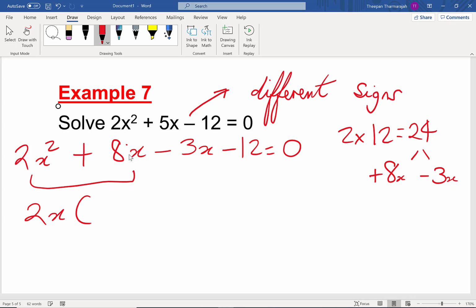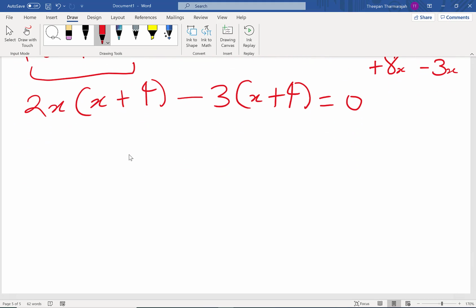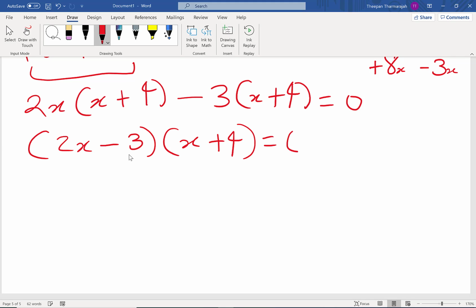So we're going to get x plus 4, and then we get another x plus 4 here. What do we times by x to get minus 3x? That's going to be minus 3. Then what we can say now is we get 2x minus 3 in one bracket and x plus 4 in the other bracket. That's equal to 0.